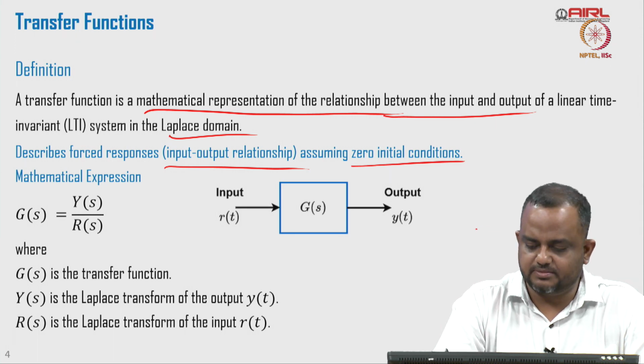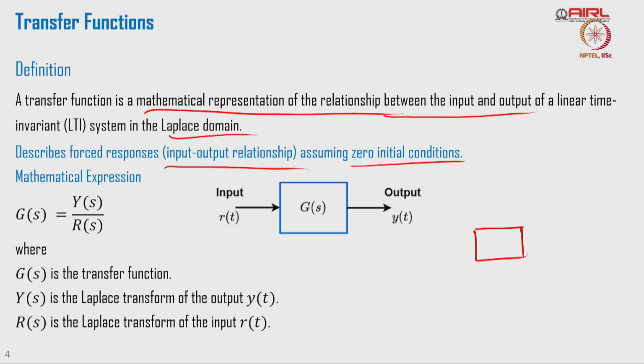So, a system can have two kinds of responses. One is because of the initial condition, it will give some response, and that is called 0 input response. The other thing is that it can have a direct input to the system, and what we get is 0 state response. At that point of time we do not consider the initial conditions.